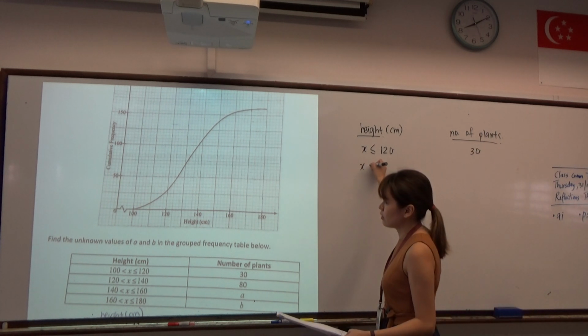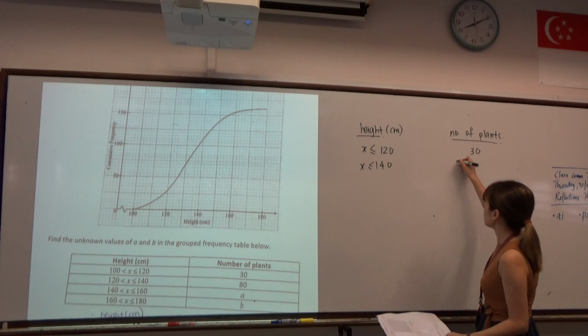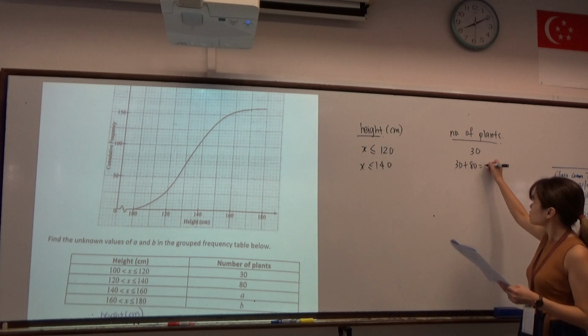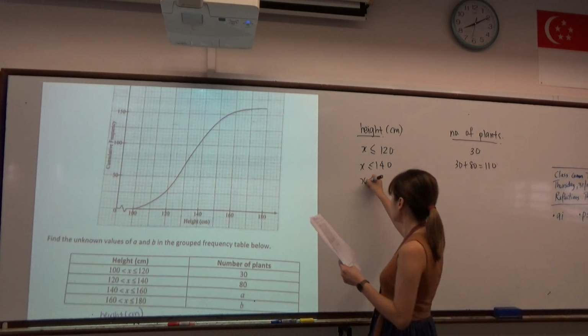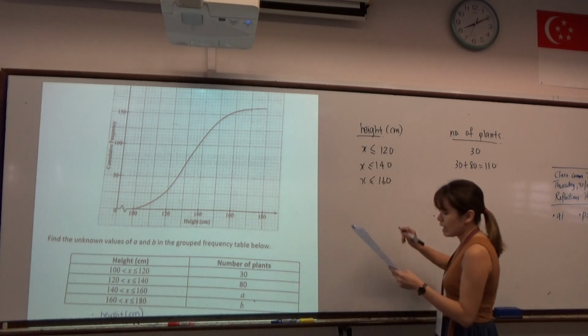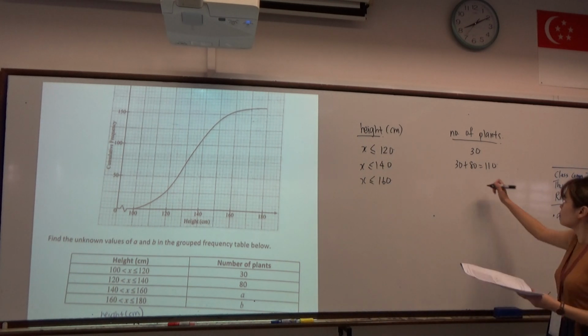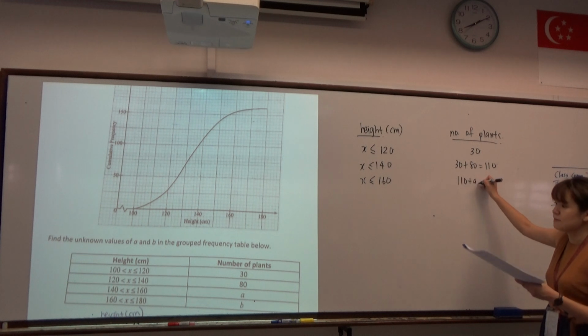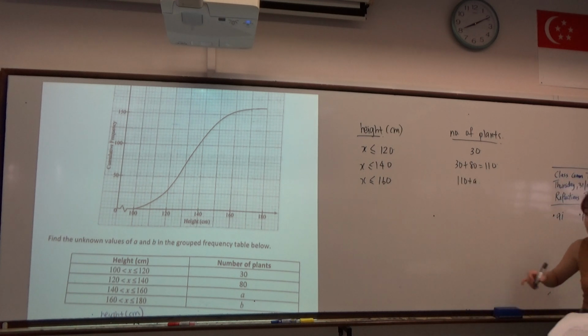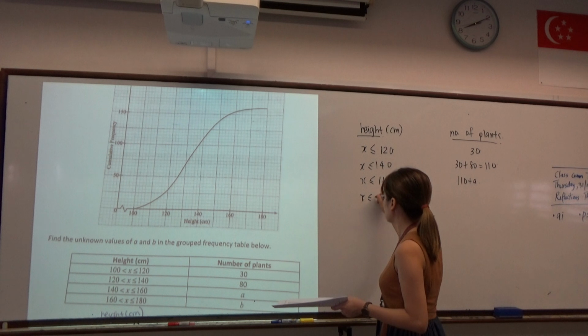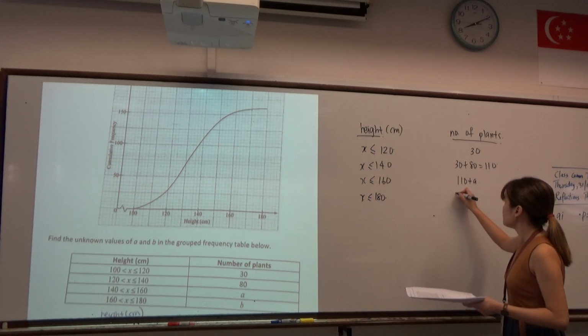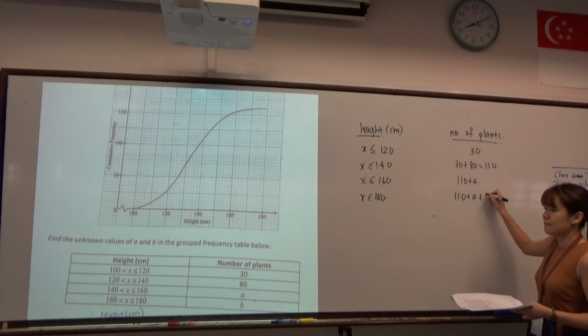Then x less than or equals to 140, that will be 30 plus 80, so 110. X less than or equals to 160, so 110 plus A. Then lastly, we have x less than or equals to 180, that will be 110 plus A plus B.